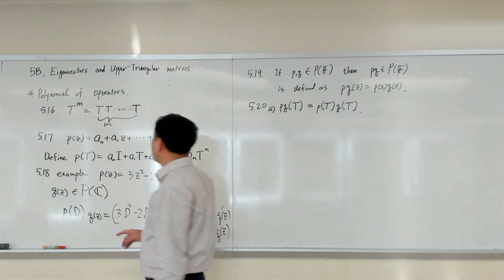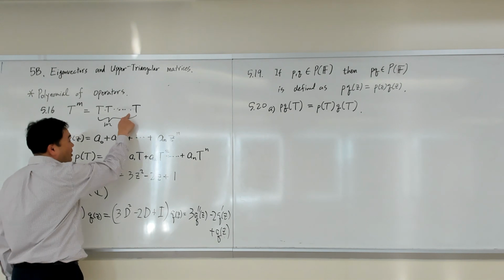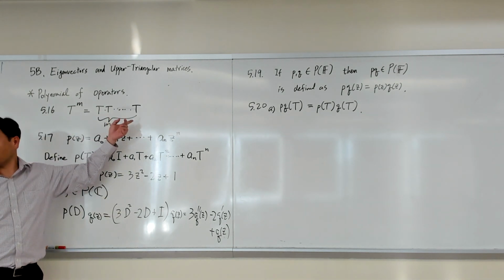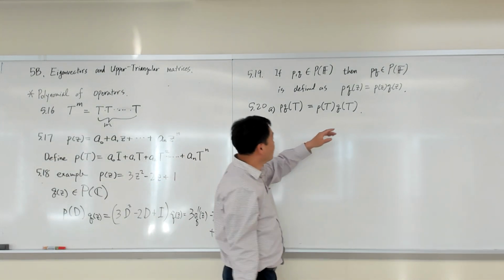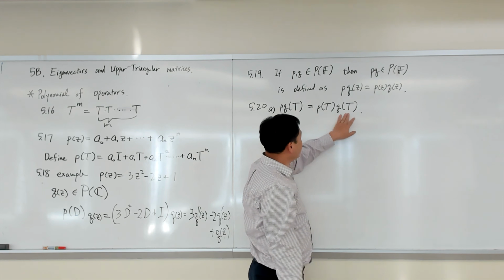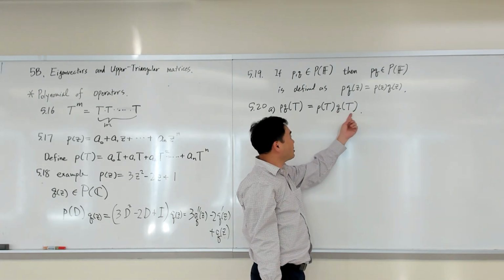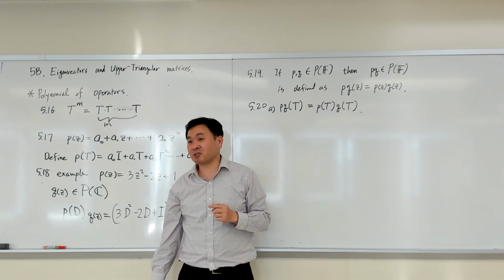See, this is not a regular multiplication. This is a composition of functions, right? So here, it's really you have an operator and another operator, and in between there's a composition of functions.